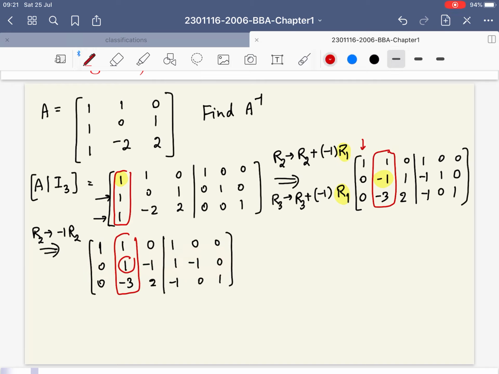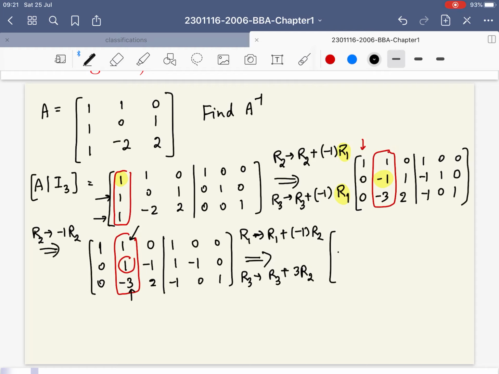So it means that the one you are going to change is your R1, right? The one on the top becomes your R1 plus the opposite number that you need to get rid of, times your R2. Your R3 becomes your R3 plus the opposite number that you need to get rid of, times your R2.